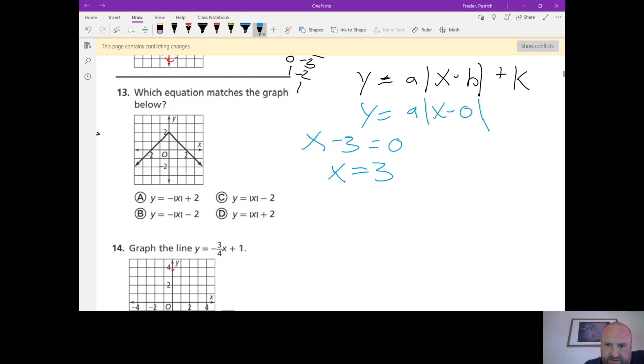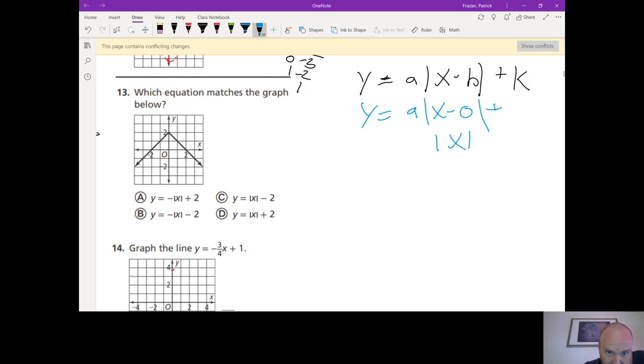So whatever it is inside the parentheses or inside the absolute value bar, it's just going to be the opposite. But there's nothing in this case, so it's really 0. It's really just absolute value of x. There's no reason to put the 0 in there.